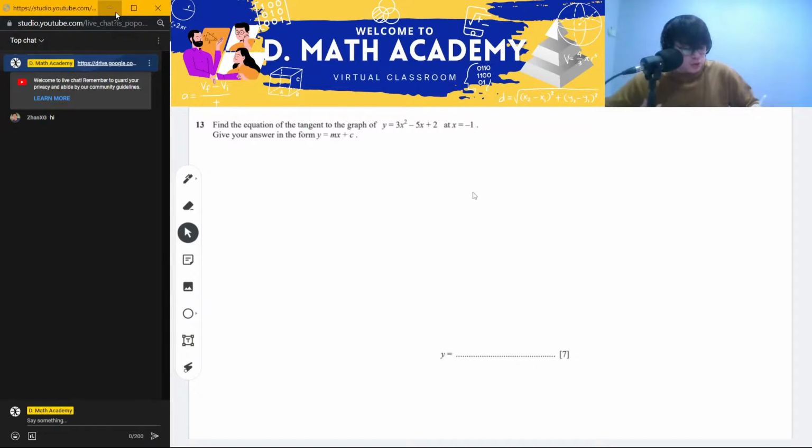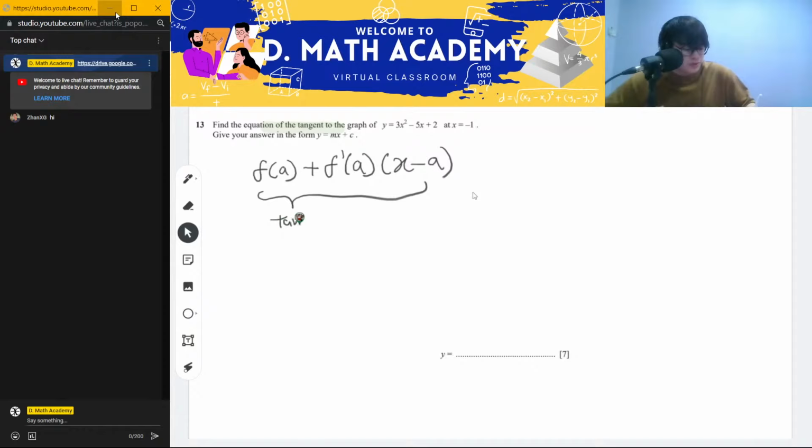Very important: those who took maths will have an advantage for this because they learn a specific formula. It goes f(a) plus f prime(a) times (x minus a). So this is a tangent formula that all maths students use.